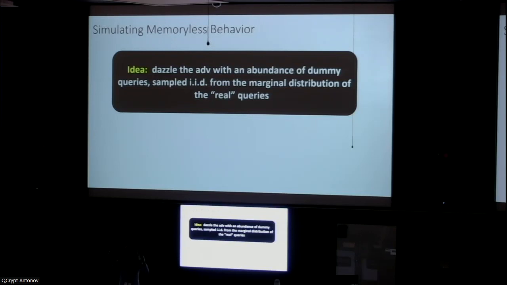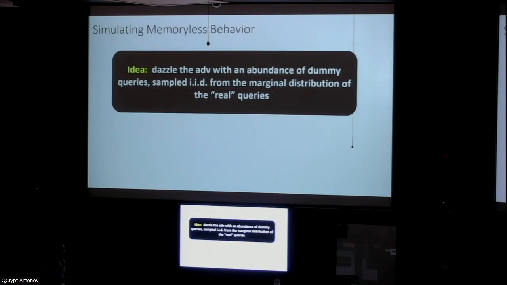So I have an adversary. He has some state, some size. Now the reduction is going to run in more time than the size of this adversary, and it's going to dazzle it with a bunch of dummy queries sampled IID from the marginal distribution of the real queries. The idea is that the adversary won't know what the real one is, and hence is likely to forget it.